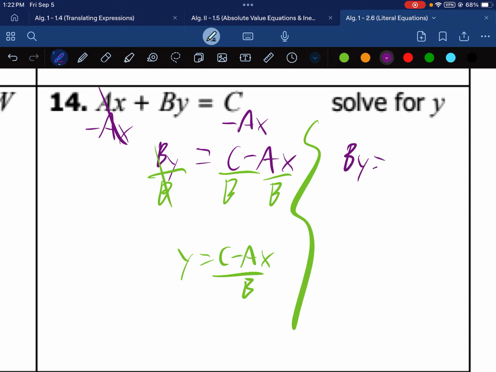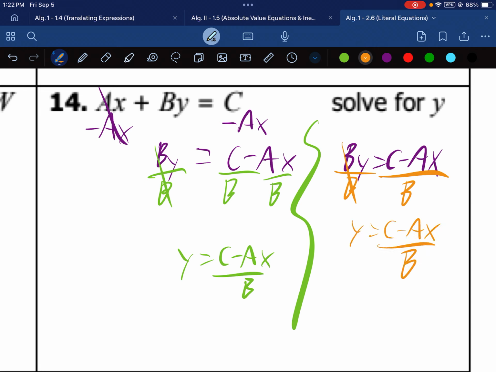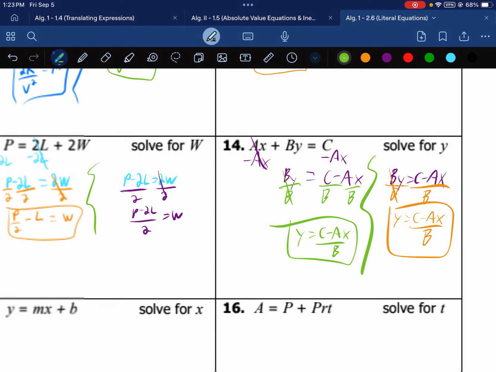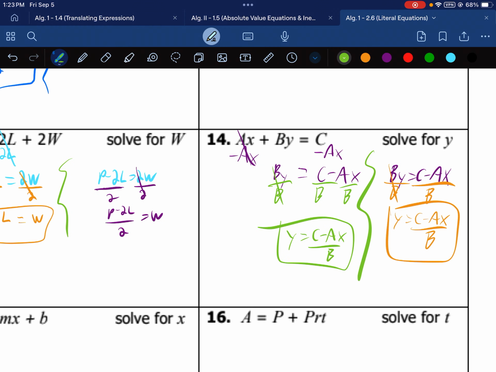Or I'm also perfectly fine with the scenario where you would happen to divide the entire side by b, which is the same thing, and do this. I'm perfectly fine with either of these scenarios because we can't reduce anything here, whereas on problem number 13 on the left here, we could reduce those 2's for the 2L in the denominator of 2 for just that part of the fraction.